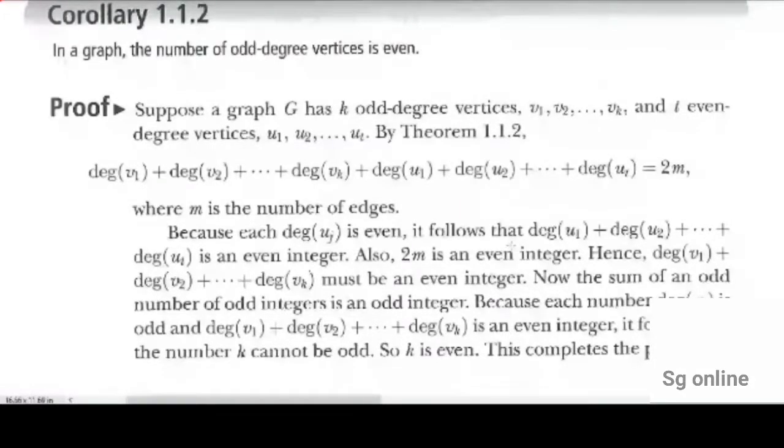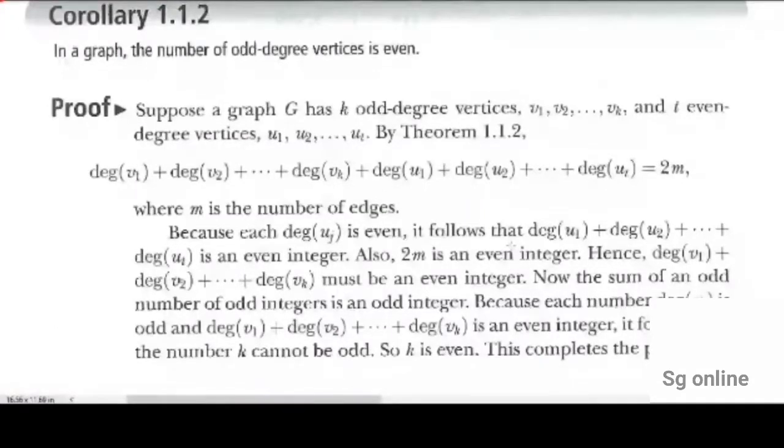Suppose I am giving some degrees of vertices, and I am asking whether these degrees can be possible for a graph having these degrees. That we will come to in the degree sequence. Suppose I give you a set of integers and ask whether there exists a graph with this set of degrees.